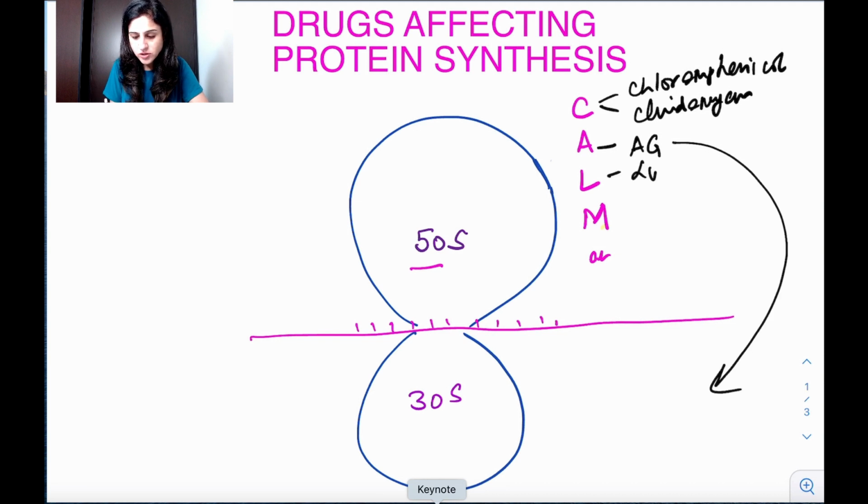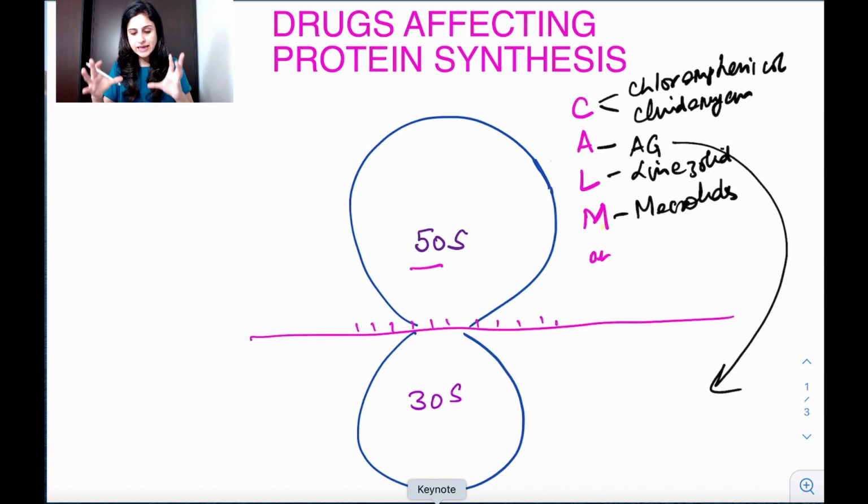L is for linezolid. M is for macrolides. So all these drugs, they act at the 50S ribosomes and they affect the protein synthesis. So even the S can be made use of, 50S ka. This is your streptogramins. So these are the drugs which are actually going to affect the 50S.